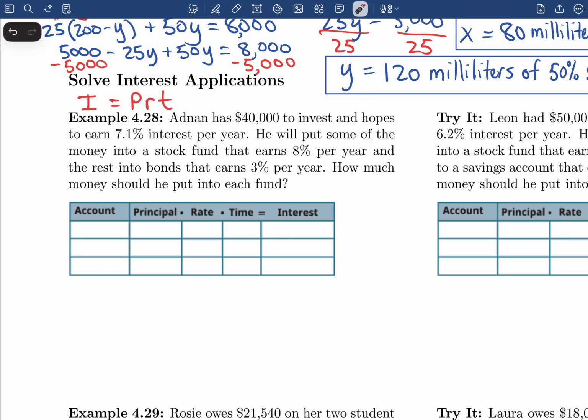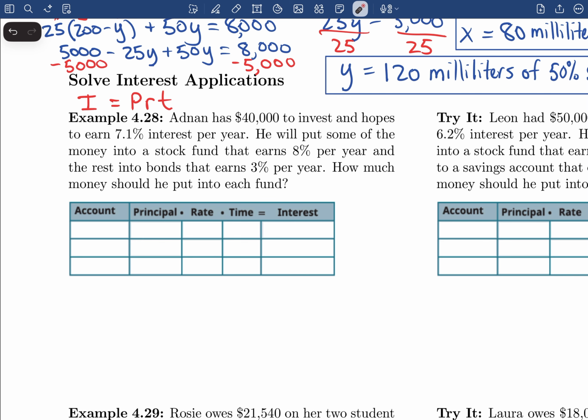Great. Well, let's go ahead and organize our information into a table that looks like this. How would you know how to organize the table? Well, you would take principal and rate and time in 3 columns and set them equal to the interest column. Yes, and here I have just a column on the side that helps me discern which type of account I'm talking about.